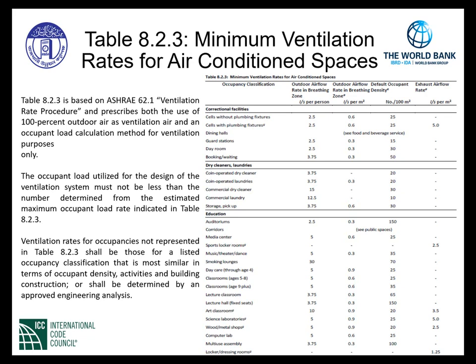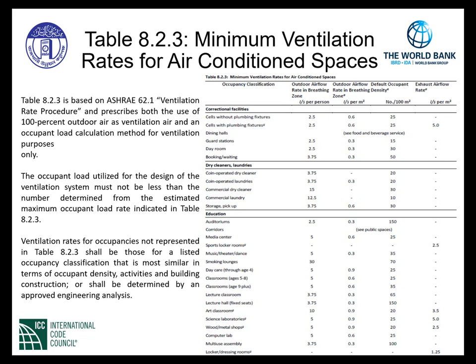This table, Table 8.2.3, is based on ASHRAE 62.1, called the Ventilation Rate Procedure. This table prescribes both the use of 100% outdoor air as ventilation air and an occupant load calculation method for ventilation purposes only.